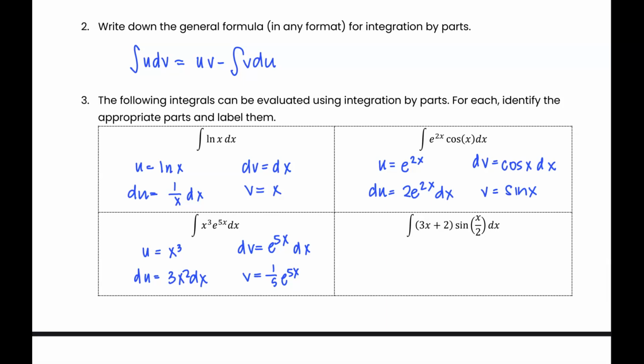So if that's the case, again, we have a nice algebraic function. Our u is going to be 3x plus 2. Our du is equal to 3 dx. And our dv is equal to sine of x over 2, which does mean I have to pay attention to a bit of u sub in my head, but thankfully since the constant multiple here, that scalar that's happening to our x, is a 1 over 2, when I divide by that, I will get 2 cosine of x over 2, and it will need to be negative.